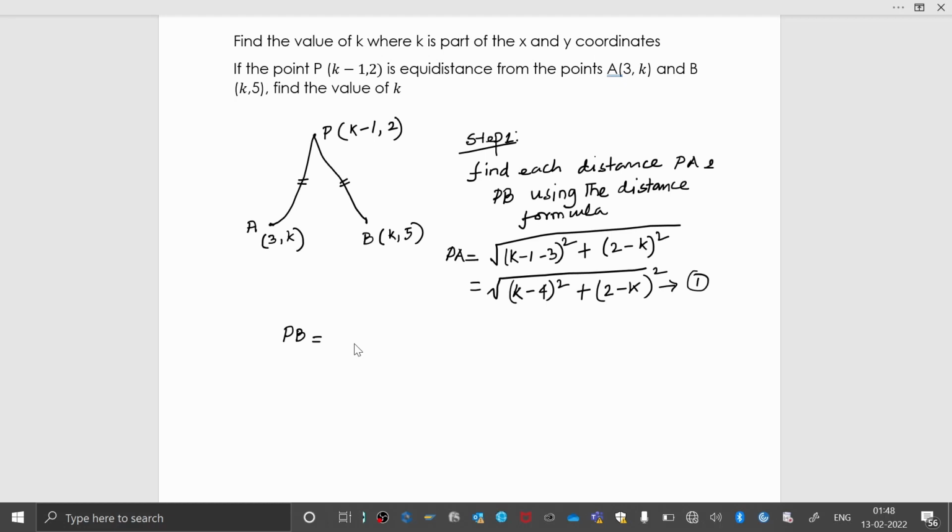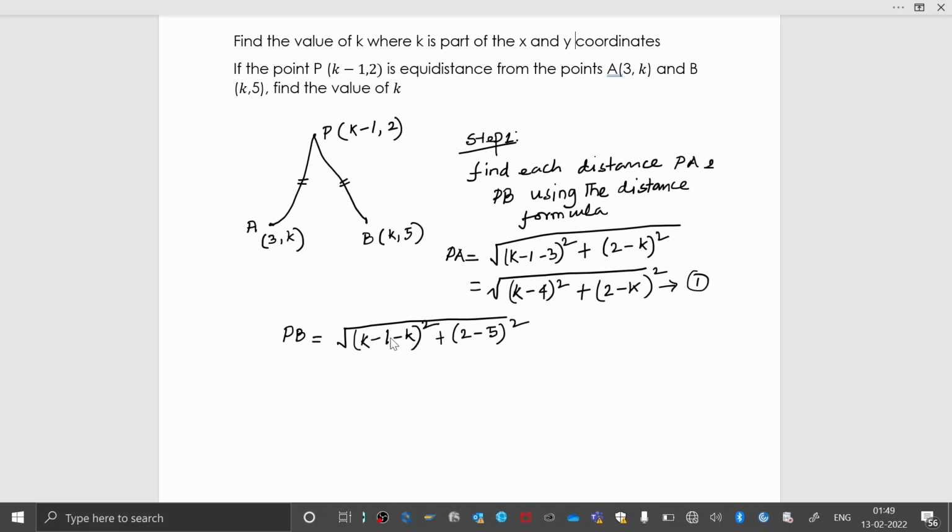So PB, again, if we consider this to be x2 and y2, and B as x1 and y1, using the distance formula we can easily write (k minus 1 minus k) square plus (2 minus 5) square.